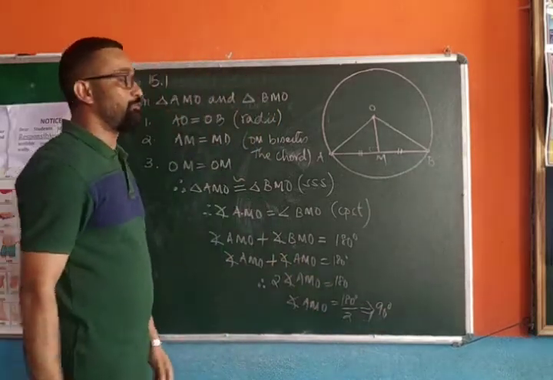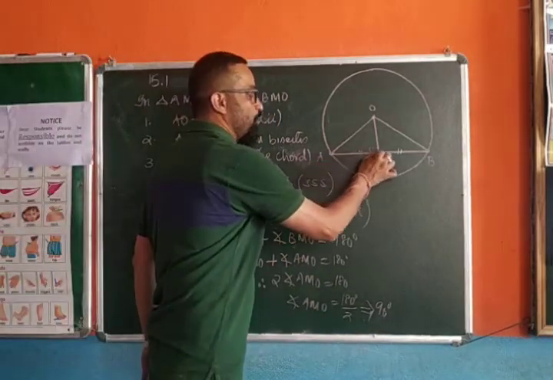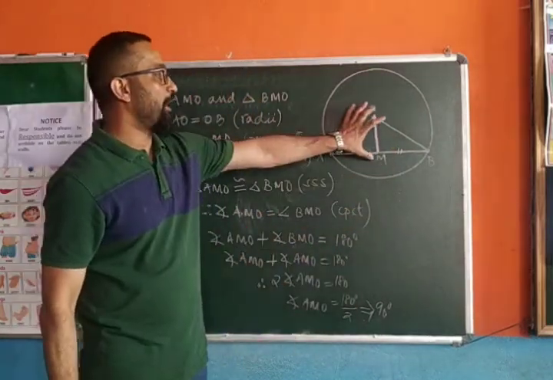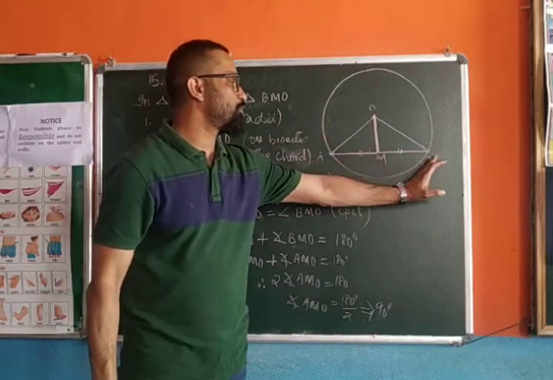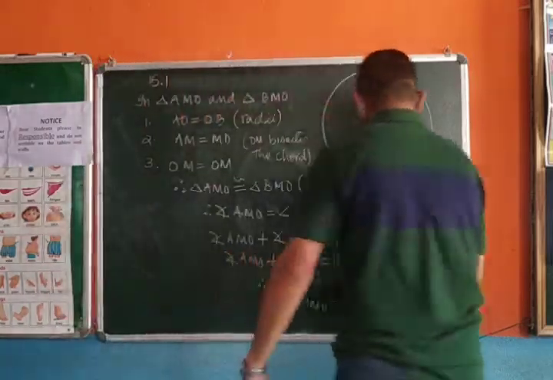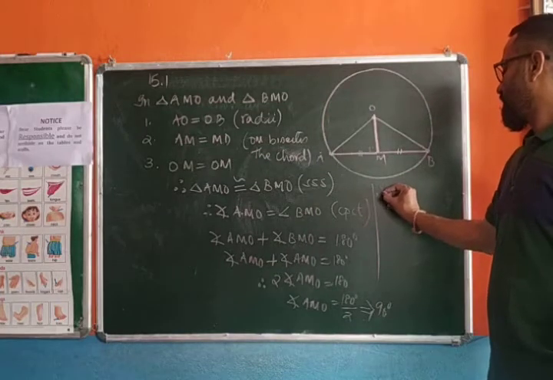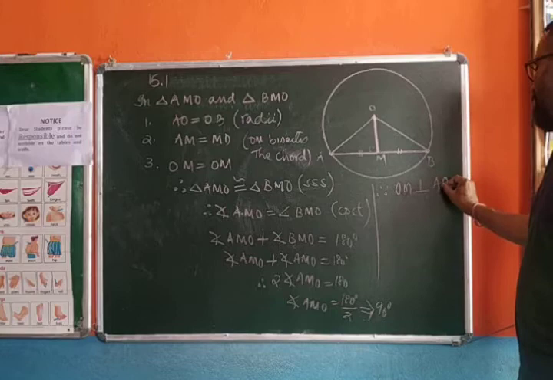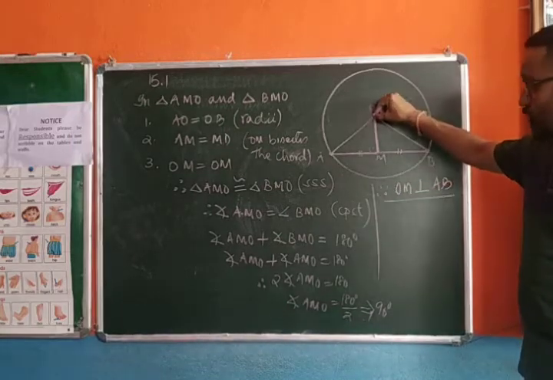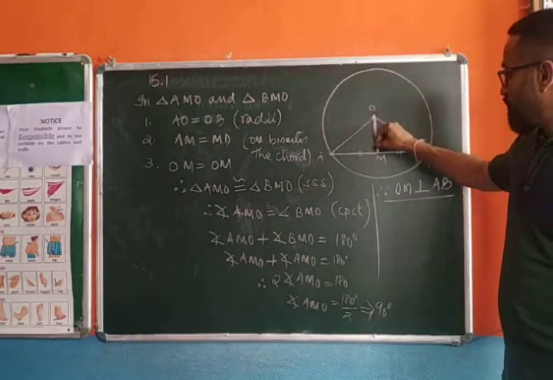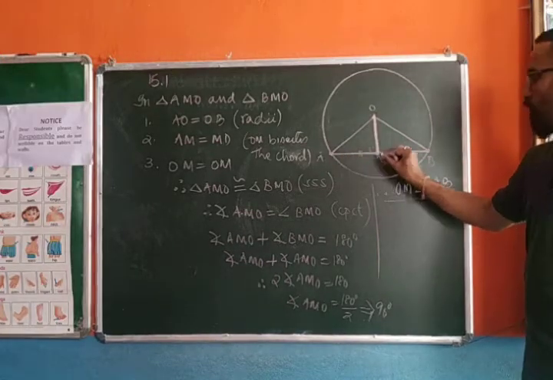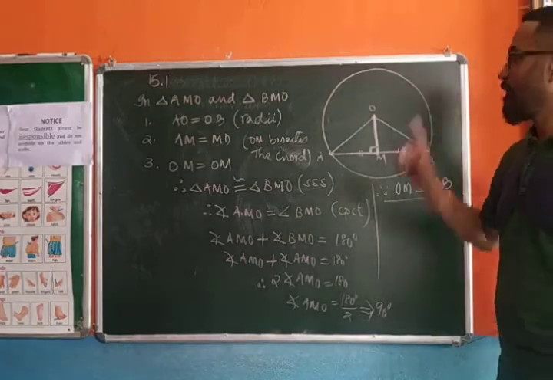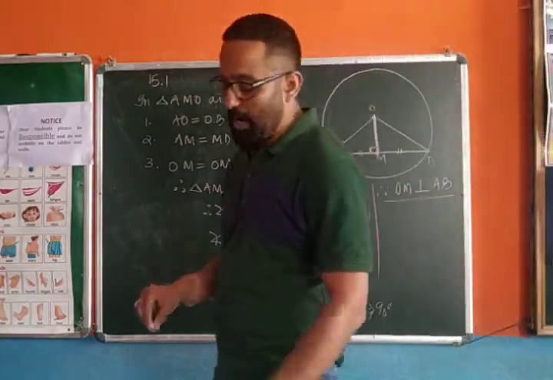And once you prove angle AMO is 90 degree, therefore line OM is perpendicular to AB. So line drawn from the center to bisect the chord is always perpendicular to the chord itself. Theorem number 15.1.